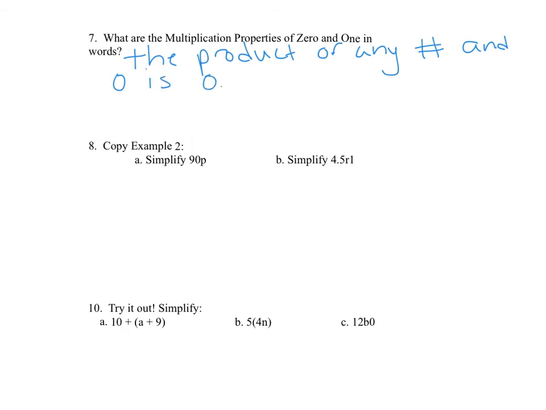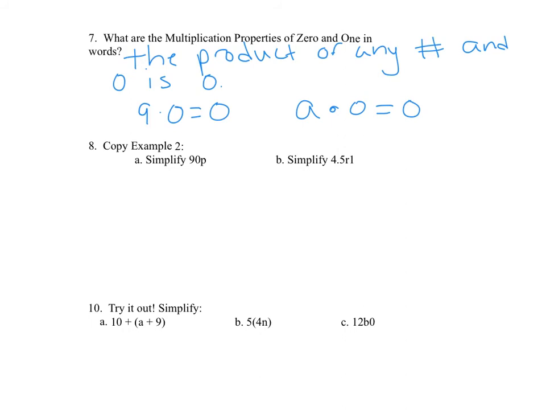So, for example, 9 times 0 equals 0. In algebra, a times 0 equals 0. And it doesn't matter what that variable stands for, any number, any variable, times 0 is 0.